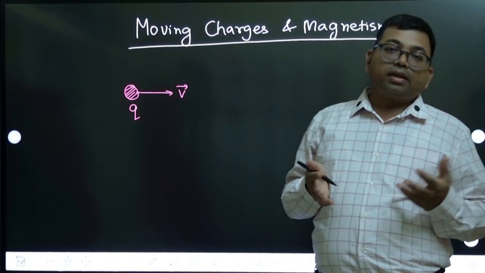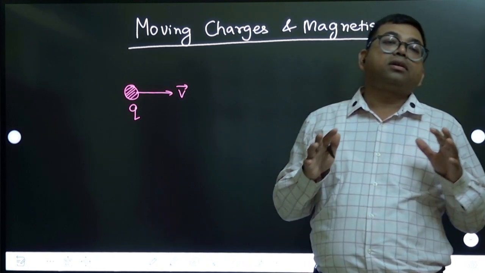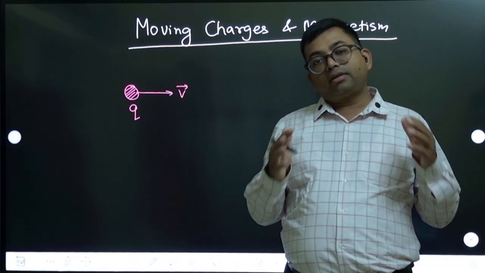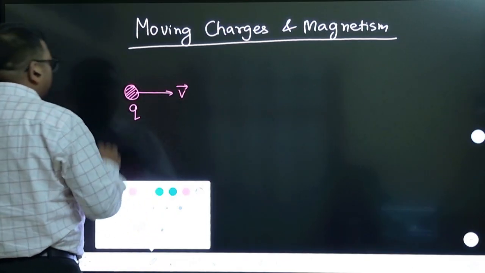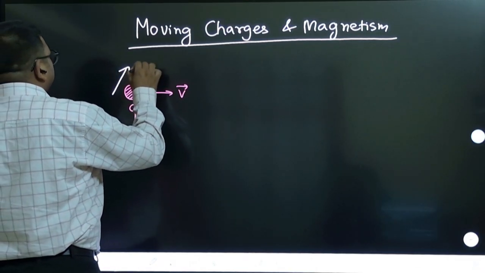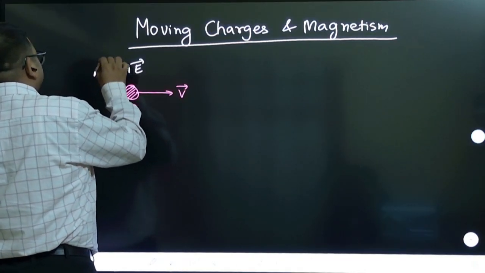Which direction, we'll see afterwards, but right now you can take some direction. Let us say there is some electric field E vector and some magnetic field B vector.